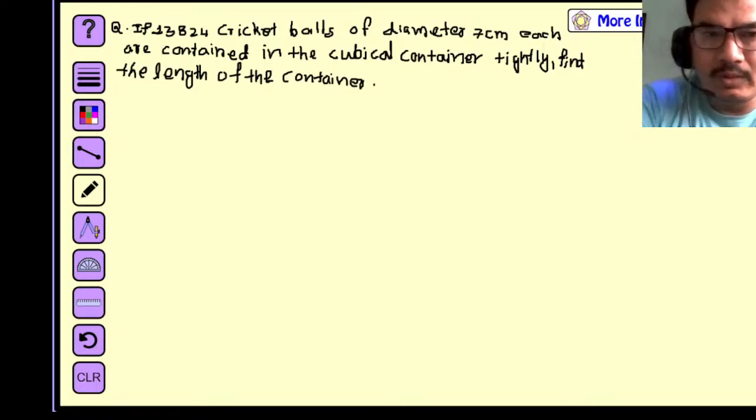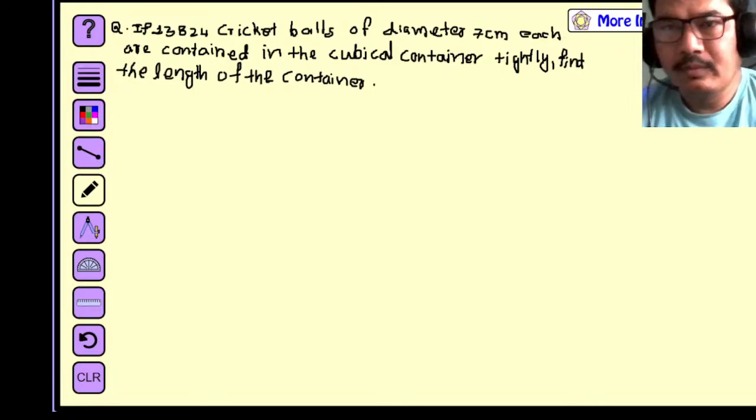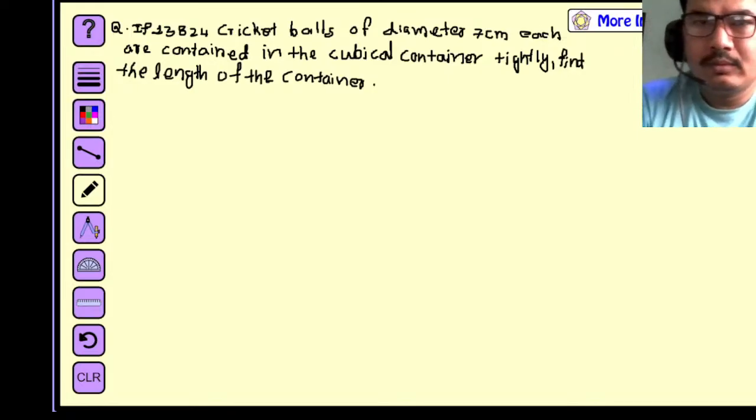Today I have brought here one word problem which is related to the cube root, okay?